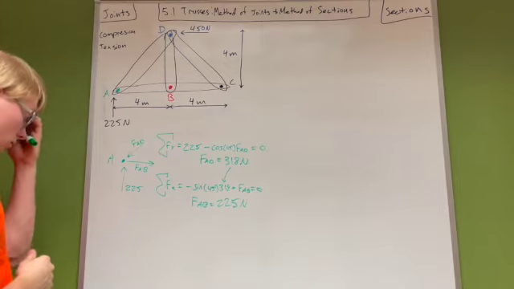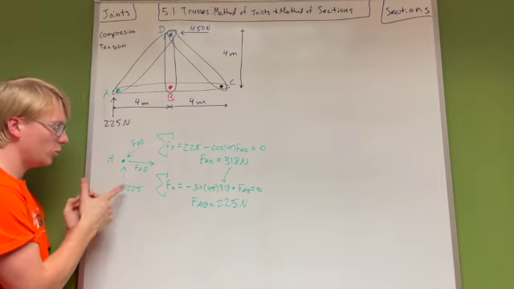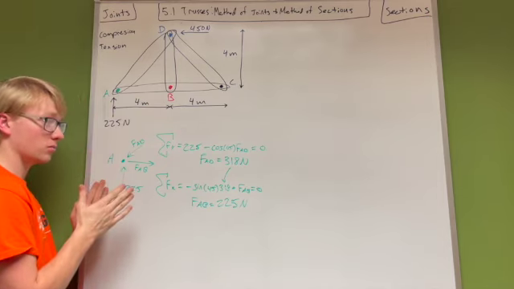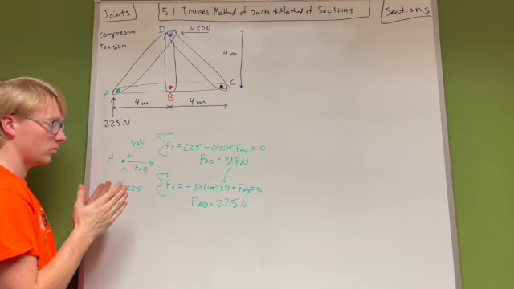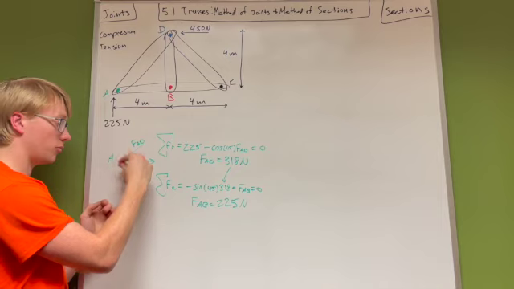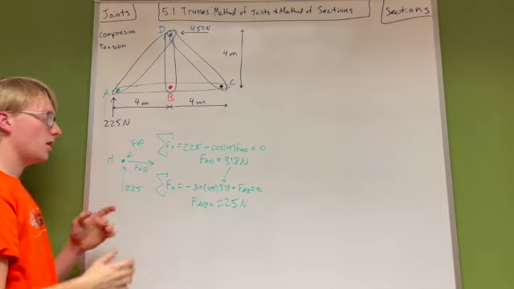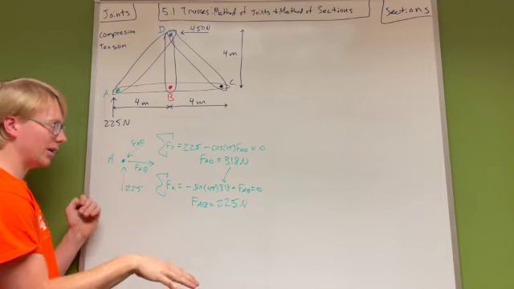Compression. Okay, so when you look at point A, right, the 225 is in compression. It's going towards the A, right? It's compressing it. Same goes for the FAB. FAB is in tension. It's pulling on it.